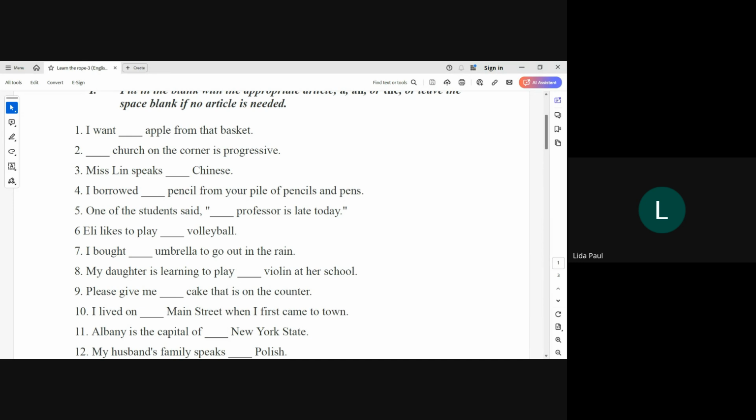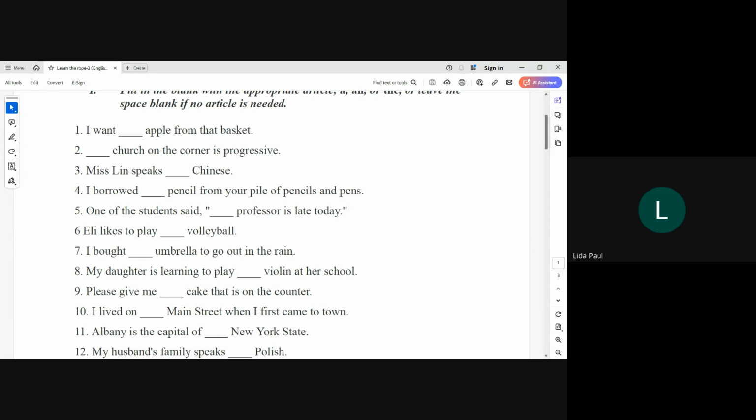So no articles required for name of nationalities, no articles required for name of cities, no articles required for name of streets, but an article is required for the name of a road. These things will come easily to you if you are someone who reads very often. If not, you will have to make a note of these rules.